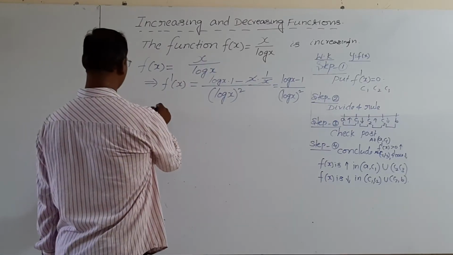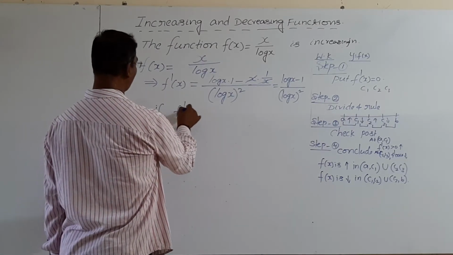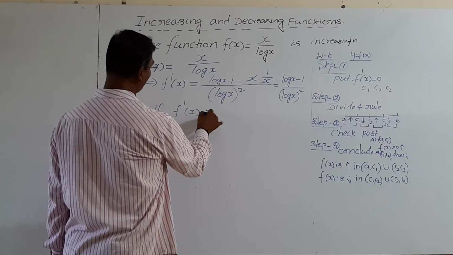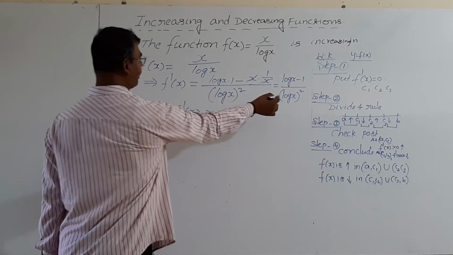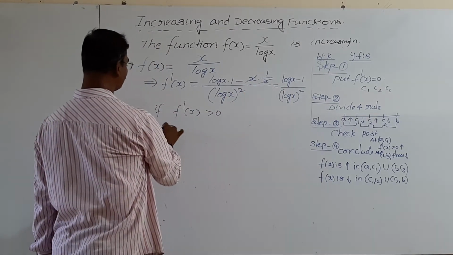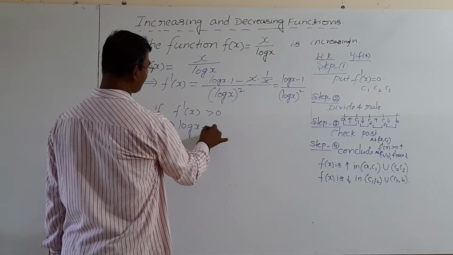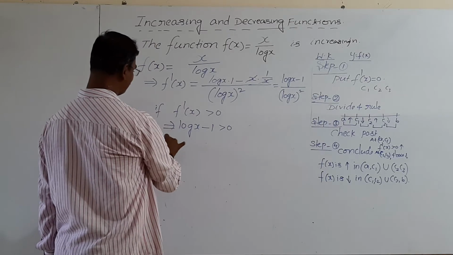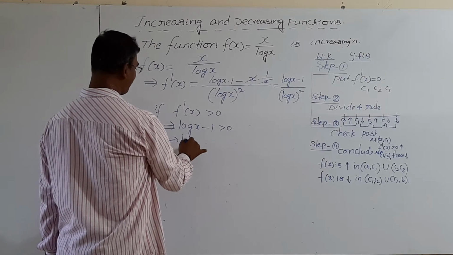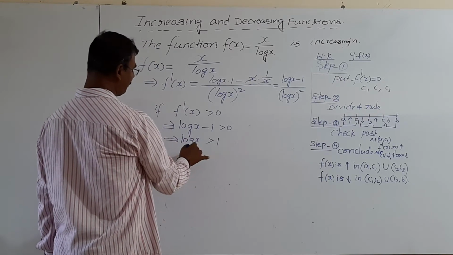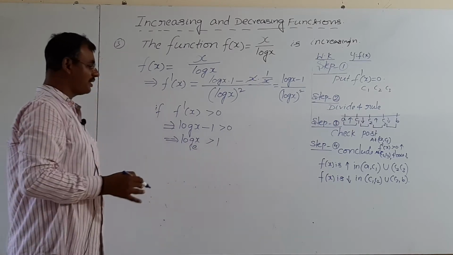For the increasing interval, f dash of x greater than 0, increasing meaning it is always positive. Same here: log x minus 1 greater than 0, so log x greater than 1. If the base is not written, what do you take? Base e.